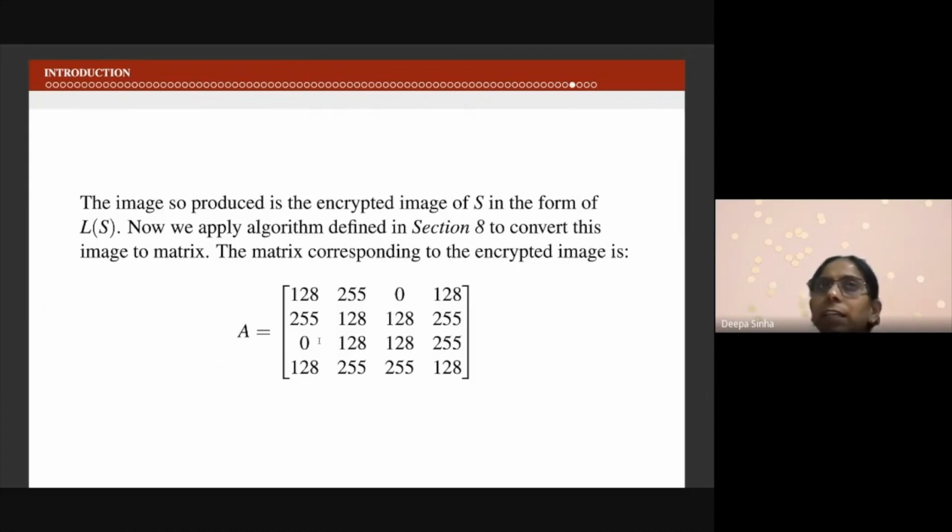Such a method can be used when, suppose, there is a corpse to be kept in a certain sensitive area, and you want to send this information from the central place where you are sitting to the person, to manage the security at a place where there is chaos or where it is sensitive.